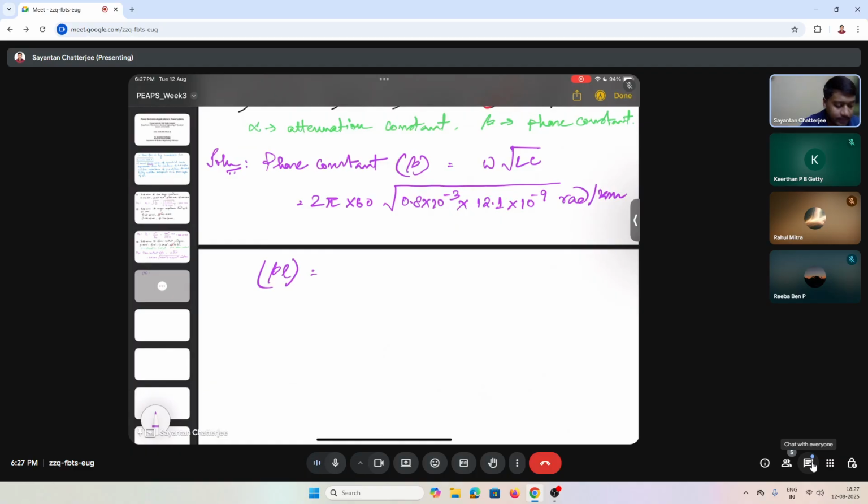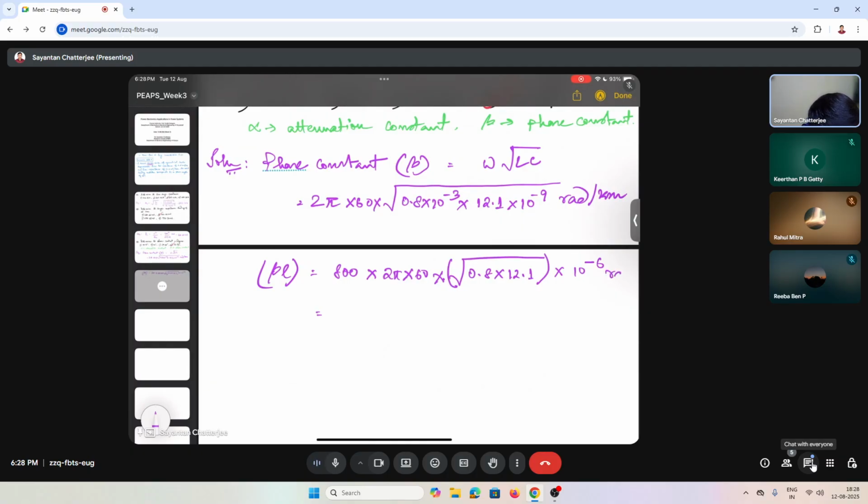For the whole total length, it is 800 into 2 pi into 60 into root under 0.8 into 12.1 into 10 to the power minus 12. So outside it will be 10 to the power minus 6. So you will get the final value.